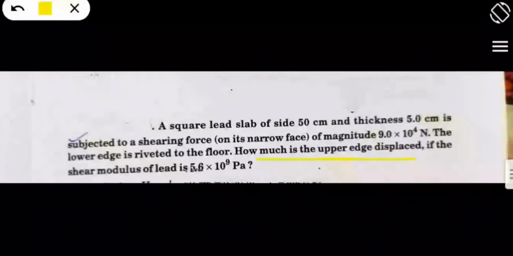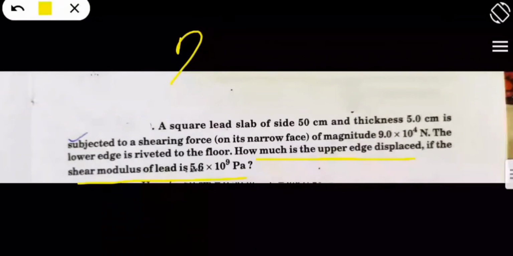Here the shear modulus is given, 5.6 into 10 to the power 9 Pascal. Let us represent the shear modulus with the eta symbol. We have already found the formula. Shear modulus is given 5.6 into 10 to the power 9 Pascal, right?